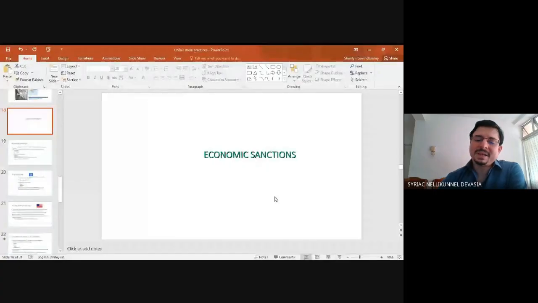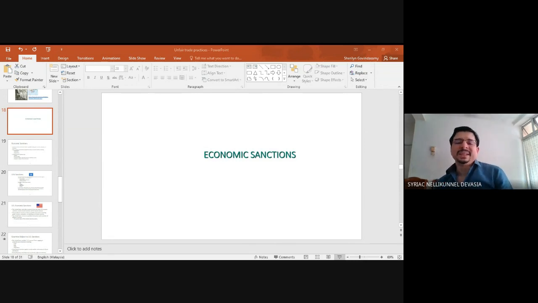Now, economic sanctions are quite common nowadays among countries. A lot of economic sanctions are taking place. You can have economic sanctions on countries, on organizations, or on individuals. So economic sanctions are laws that restrict or prohibit dealing with countries, companies, or individuals.